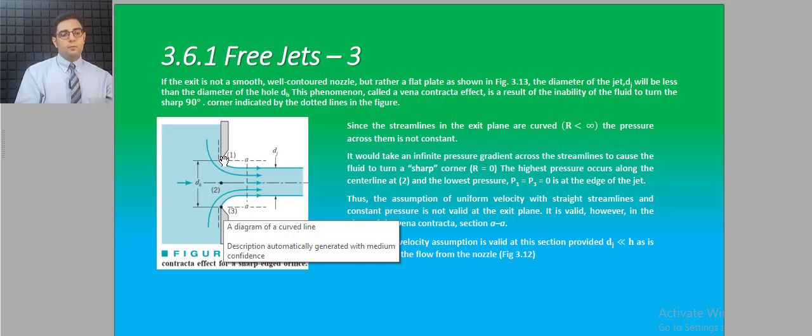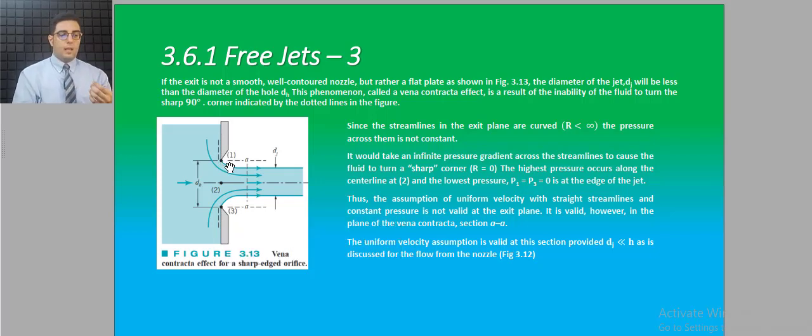Reaching here, as we have a tip, the pressure goes to the climax as it's confronting the tip. The pressure is gonna increase gradually till it reaches the center line.